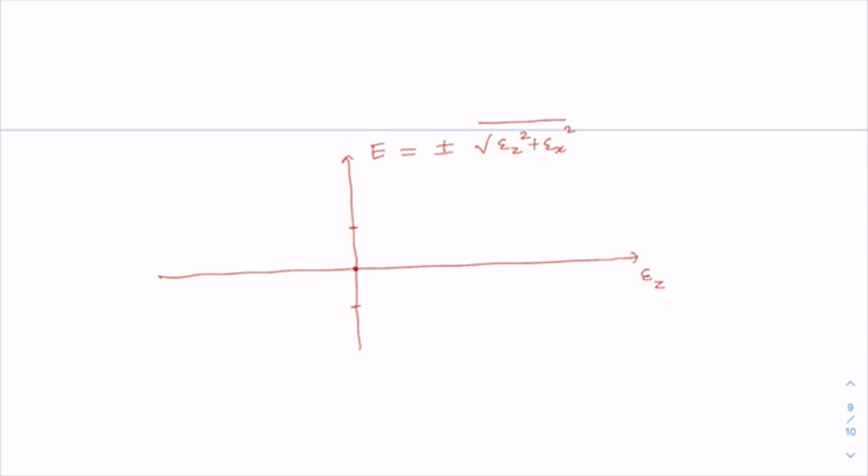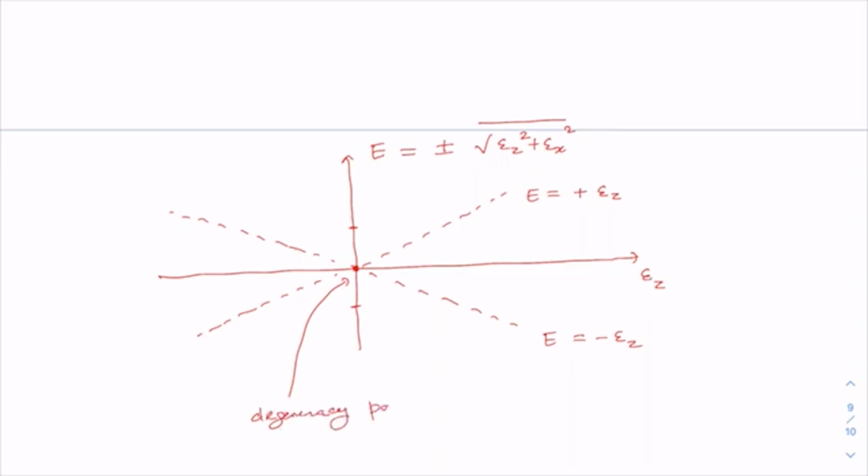Again, if epsilon x is 0, then you will have E is equal to plus minus epsilon z. So for E equal to plus epsilon z, I will get this positive slope. In the asymptotic limit, you will have plus epsilon z here, and on the other hand, when epsilon x is 0, here we'll have E equal to minus epsilon z, and this means that these two energy levels are crossing each other at this particular point. That's the reason it is called the degeneracy point.